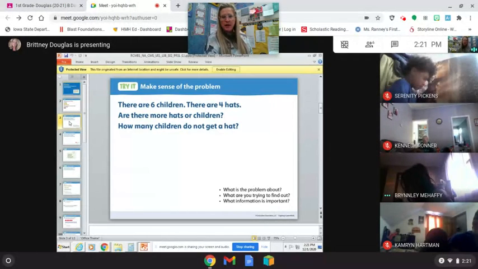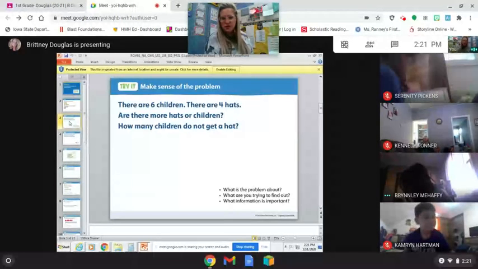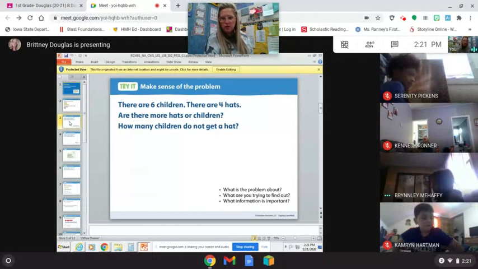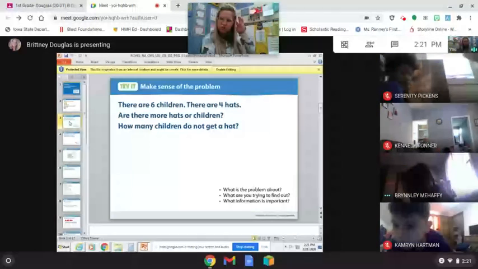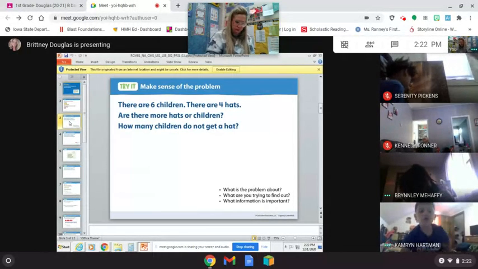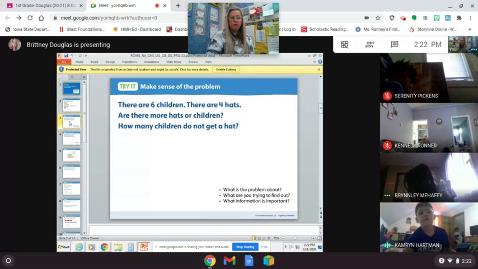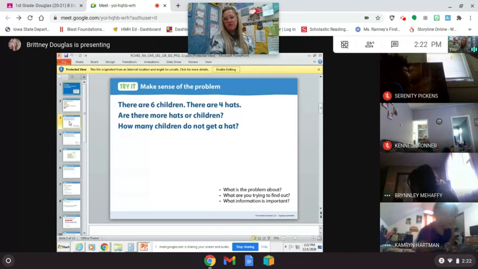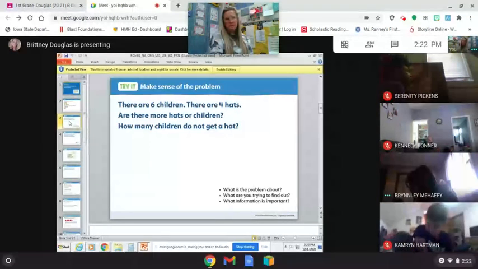And it wants to know how many children do not get a hat. So first question, if there's 6 children and 4 hats, is there more hats or are there more children, Cameron Hartman? There are more children. Right. 6 is a bigger number than 4. You're right. And then it says how many children do not get a hat.